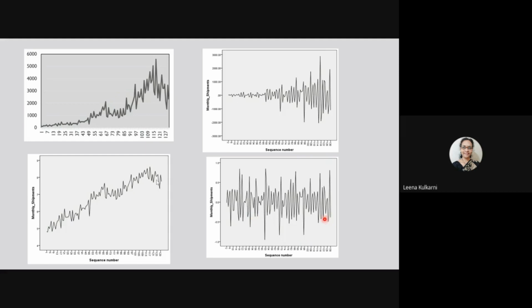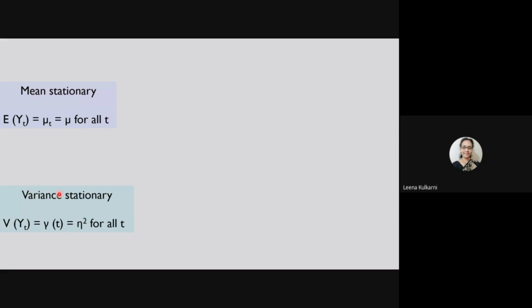So we can see this difference between all these graphs as per the mean fluctuations and the magnitude of the fluctuations. And this talks about mean stationarity and variance stationarity of the data.